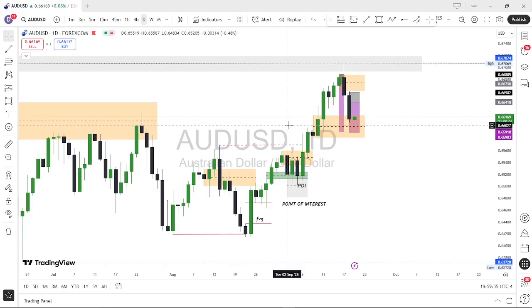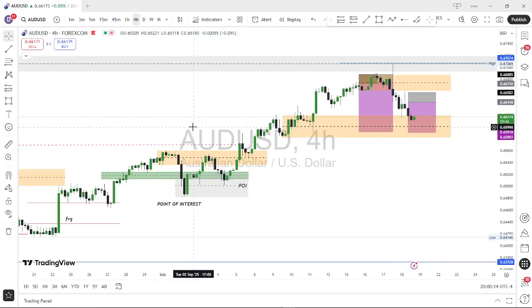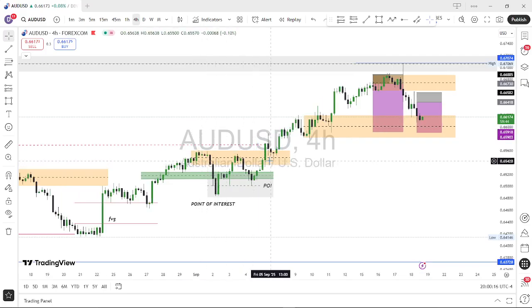Pay full attention. Concentrate on the chart. Be patient. Now, there's another block right here. If we go back to our 4 hour timeframe, you will notice there's a fair value gap here, as small as it is.